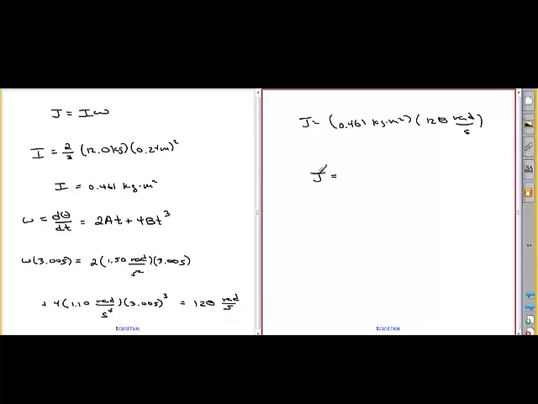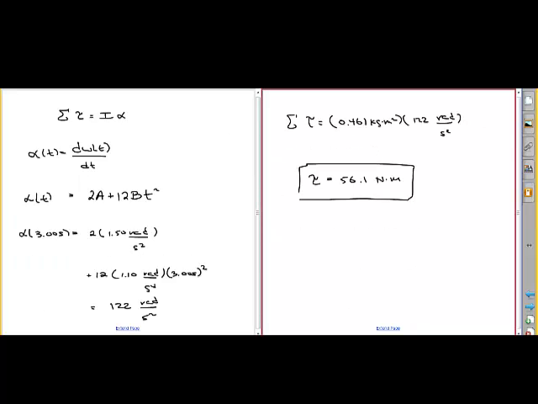Okay, that's all working out now. So J is that product, 0.461 times 128, which is 59.0. The units are kilograms meters squared per second. We drop the radians when we combine with the moment of inertia. So it's 59. Yeah, that's right. Okay, so that's the angular momentum. And then the torque is 56.1 newton meters.